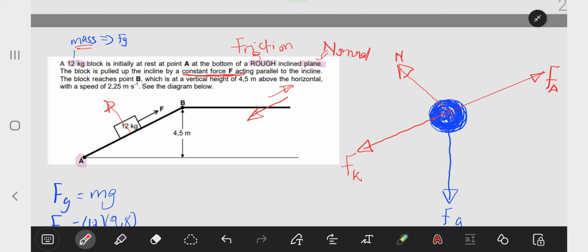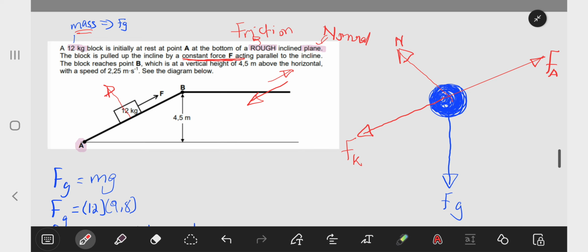In terms of identifying the forces, we have identified all the forces that are acting on the object. Force number 1, gravitational force. Force number 2, friction, because there is a rough surface. Force number 3, normal force, because there is a surface.